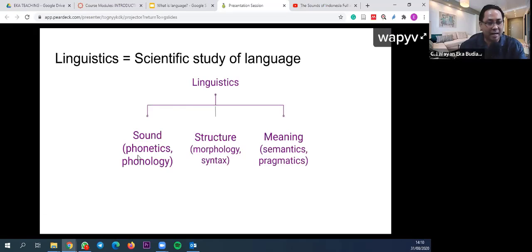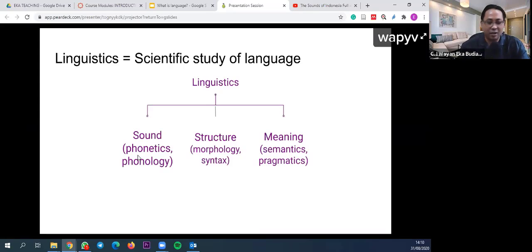Number one is the sound, the second is the structure, and the third is the meaning. When we talk about sound, there's phonetics, like the sounds of L and K. In Indonesian we have different sounds for E, which is unique. That's about phonetics.